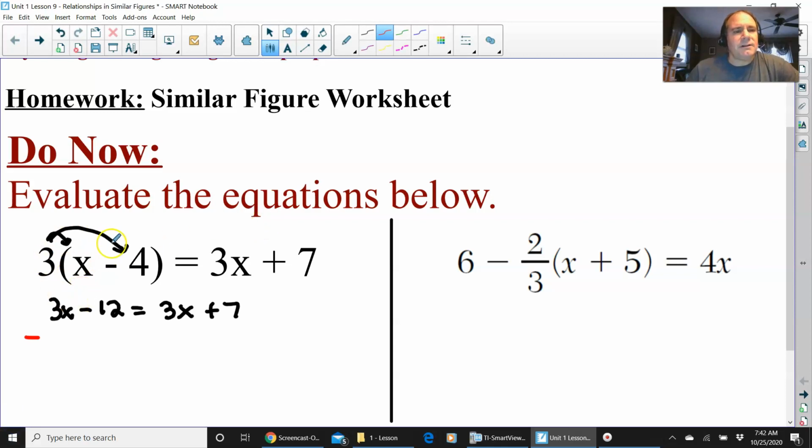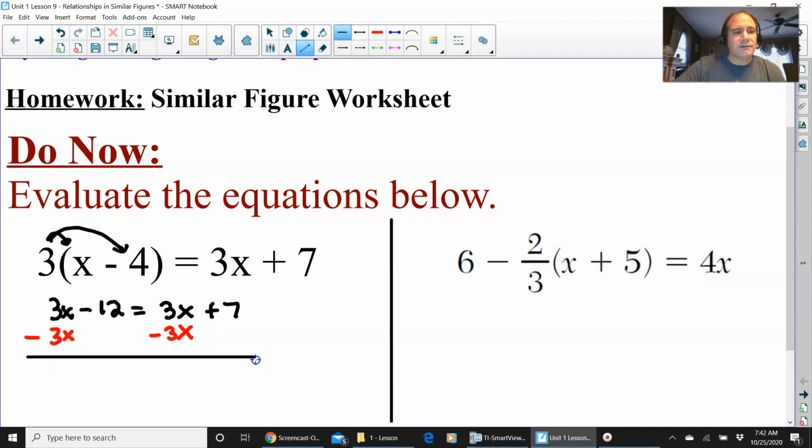So we have a distributive property here. It's 3x, and then 3 times negative 4 is negative 12. You have 3x minus 12 equals 3x plus 7. You should be able to tell what type of solution this is right now. But if you're not able to tell, you do exactly what you normally do on each side, which is subtract 3x on both sides.